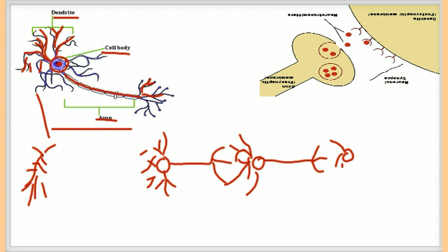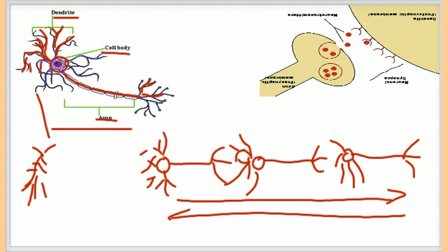So like cable wires, these are all connected to each other, all sending messages back and forth through these neurons or nerve cells. So the nerve cell, as I said, consists of the dendrite, the axon, and the cell body.